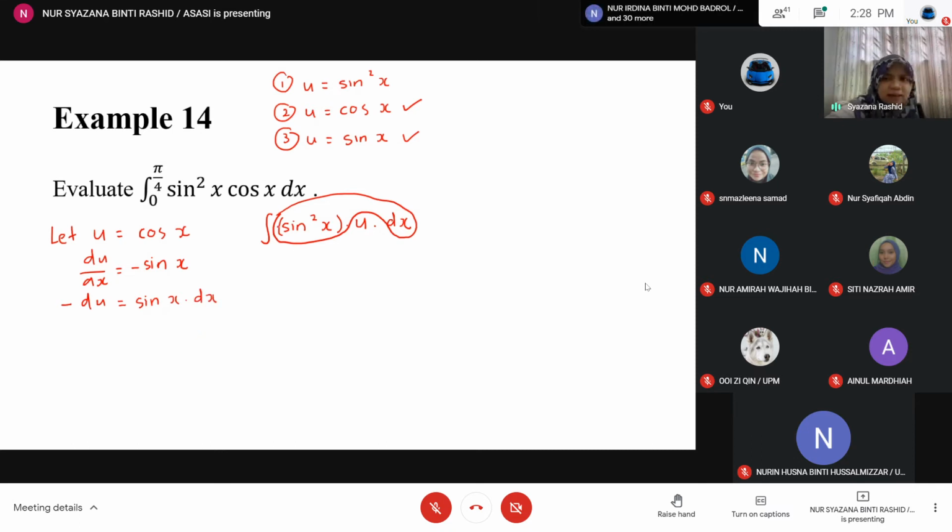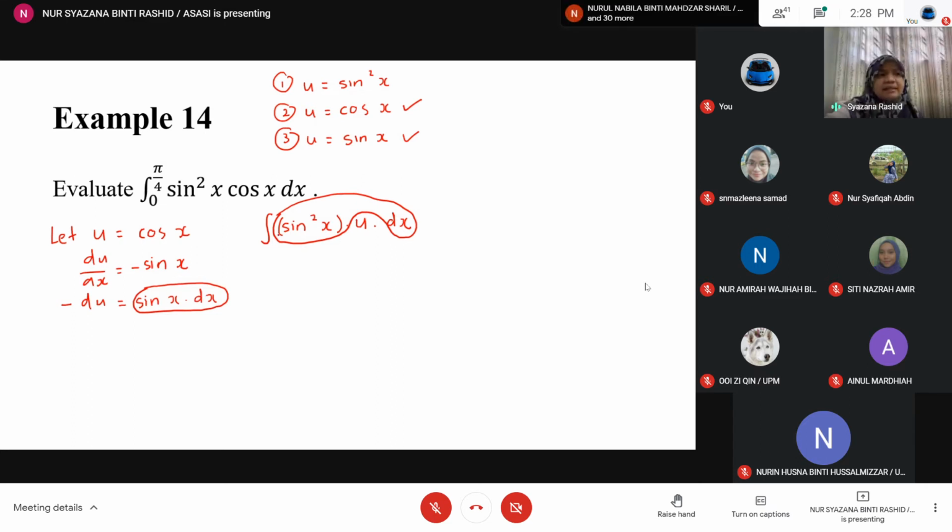Looks similar, but this is sine squared x times dx, and what we have is sine x dx. It's not the same. So we got stuck. Tak sama, you tak boleh sesuka hati ambil. Dia mesti sama, must be exactly the same, dan mesti bersesuaian.